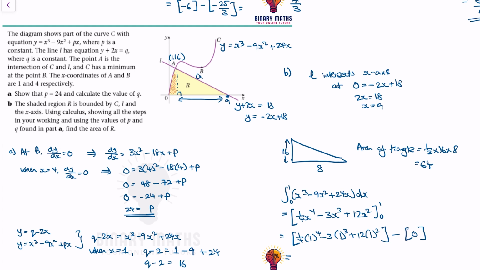If we input this into our calculator, we get 9 and a quarter. So the area of R is the area of the triangle plus the orange part that we just worked out. So it's equal to 64 plus 9 and a quarter, which is equal to 73 and a quarter.